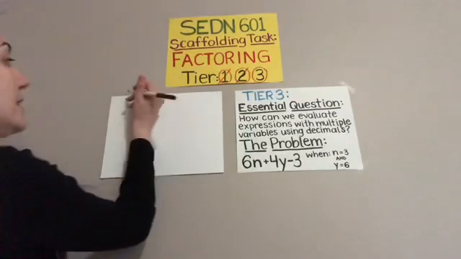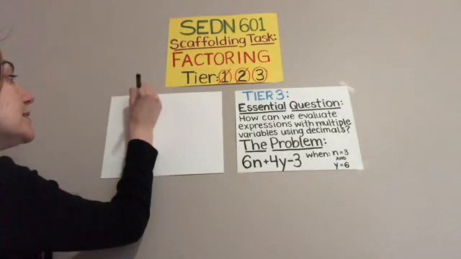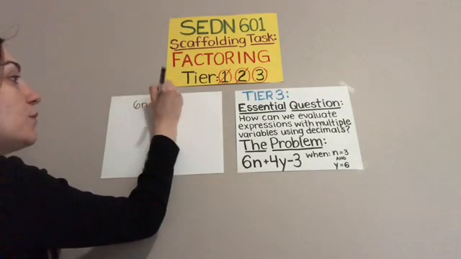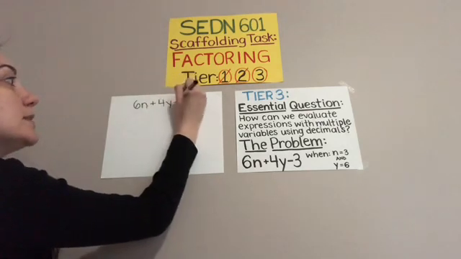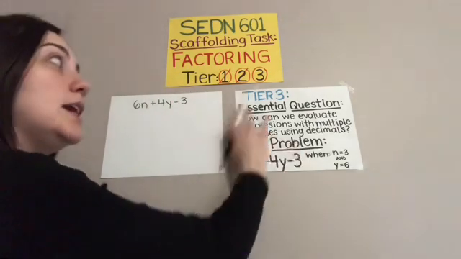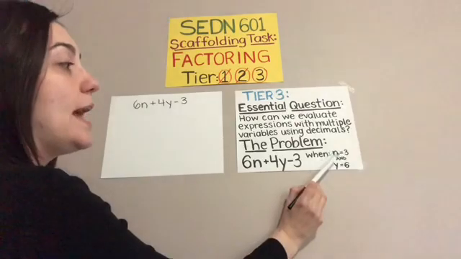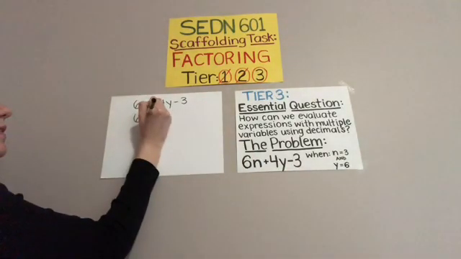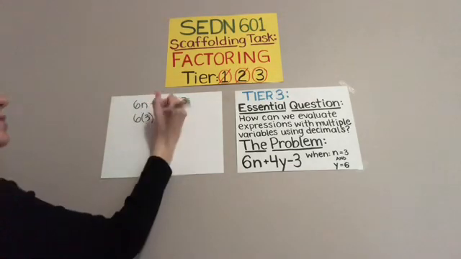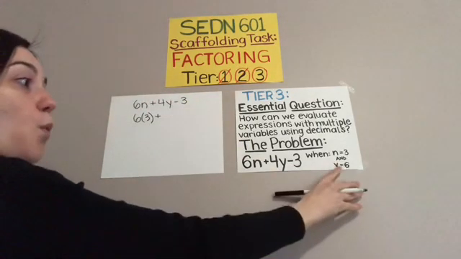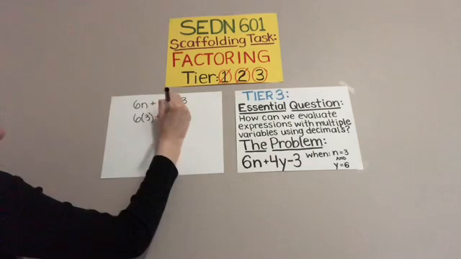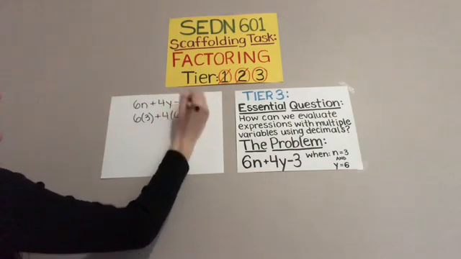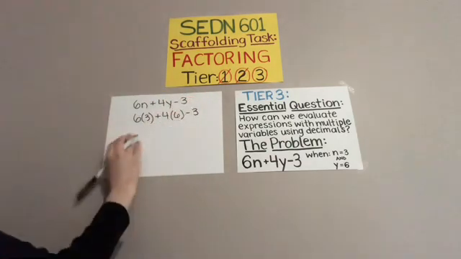So to rewrite this would be 6n plus 4y minus 3. In this tier, these students should know that n equals 3, and they would just plug it in. So n equals 3, so 6 times 3, and they should know that y equals 6. So they plug that in and carry down that minus 3.